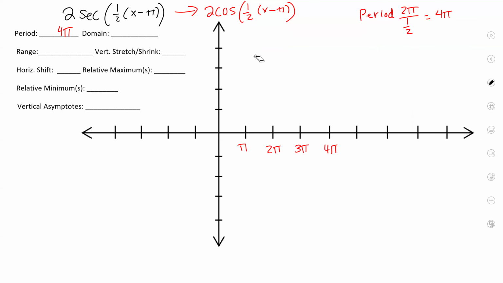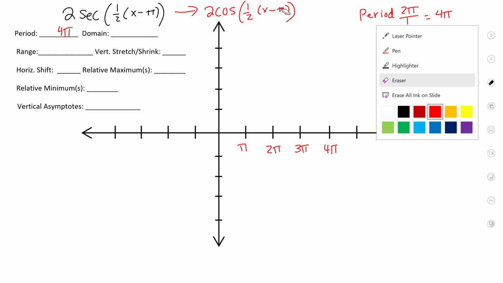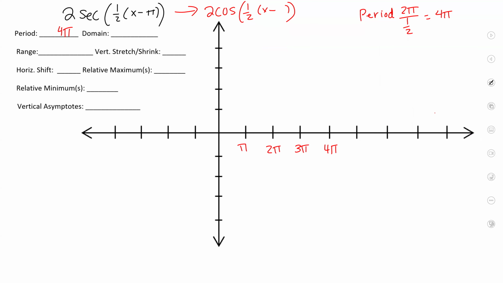Now, your C value determines the shift. This is a pi right there. So this went to the right pi. So I'm going to add a 5 pi here because we're going to shift it over to the right. This number represents your amplitude, so I'm going to start right here at pi, 2, then here, and here.